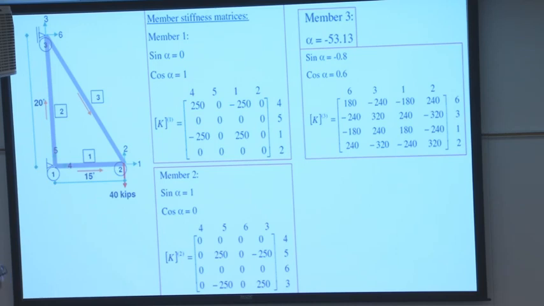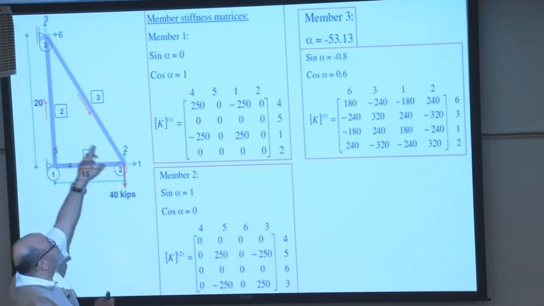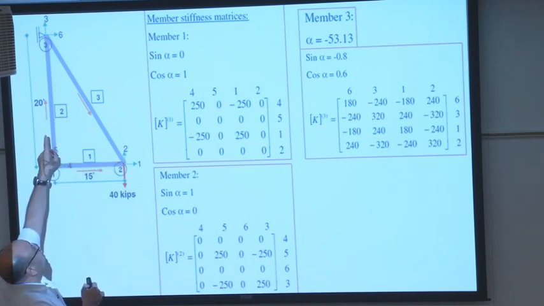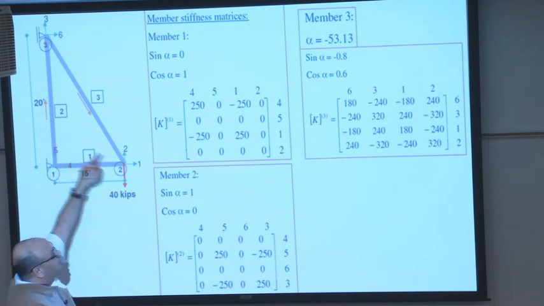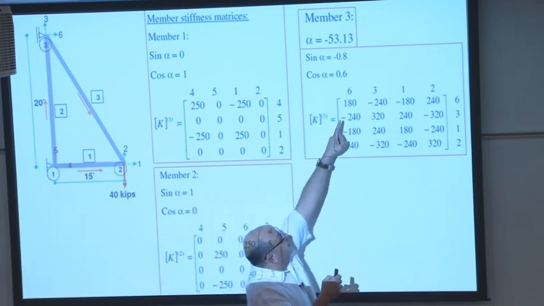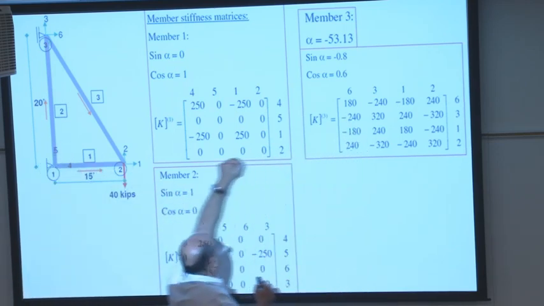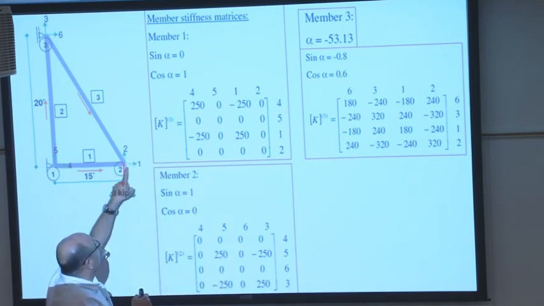I need your help here, guys, with member number 3. So member number 3 right here, where is the beginning? The one at the top, at joint 3. Where is the end? Right here, at joint 2. So let's see, what are the x and y for the near? 6 and 3. Here we go. How about the far? 1 and 2.